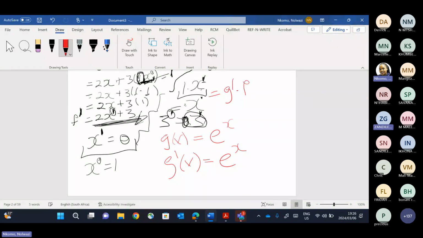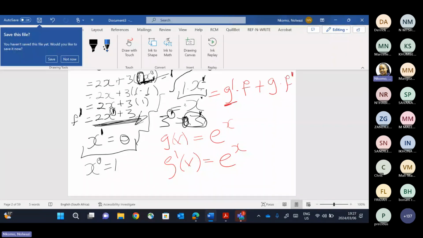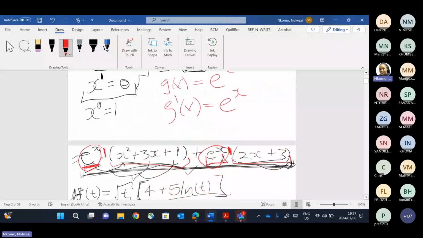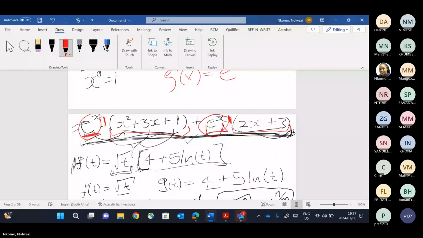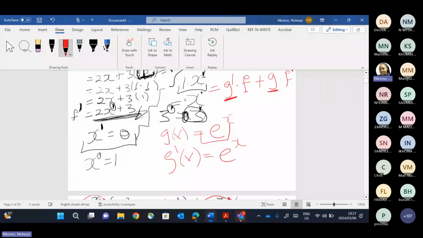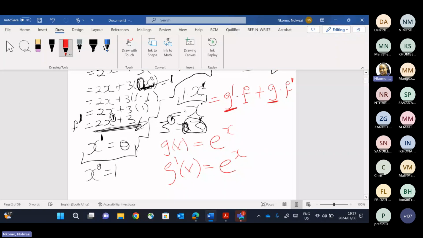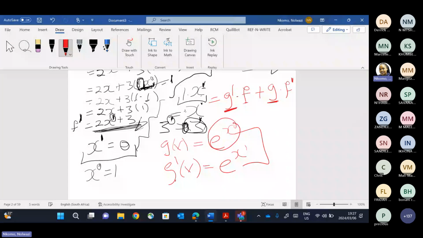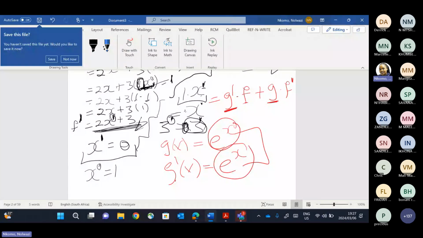Okay, this is our f. This is our f prime. This is our g prime. This is our g. Remember, g and g prime are the same because if you differentiate this function, you get that same function again. You just have to familiarize yourself with the rules.